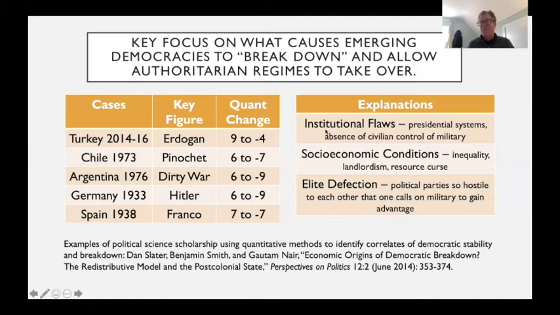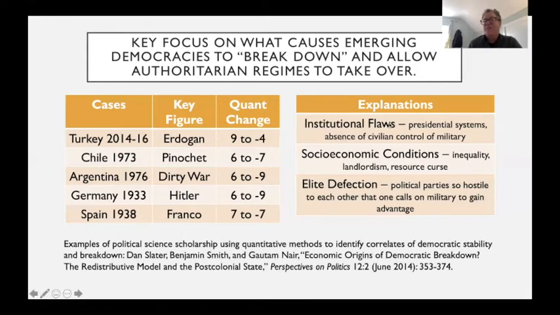So there have been a lot of studies of this type, as well as some that are more qualitative and focused on exploring specific cases in a little more detail. But these studies have tended to focus on these types of explanations for why you have democratic breakdown in some countries and not others.